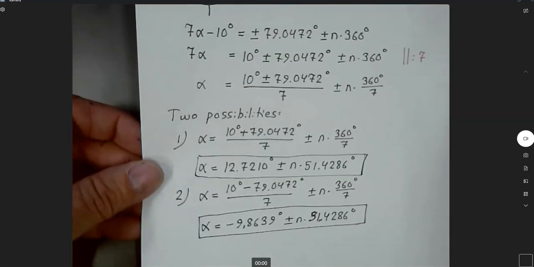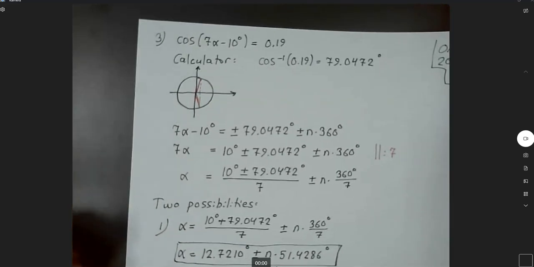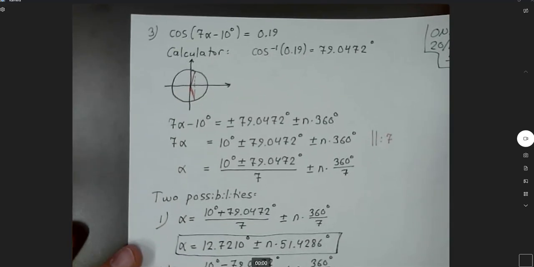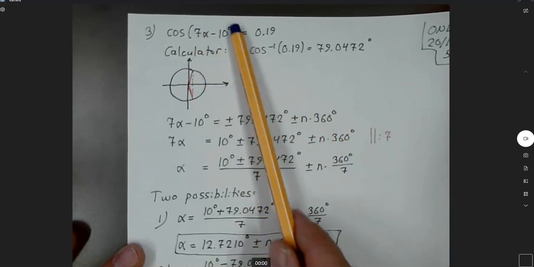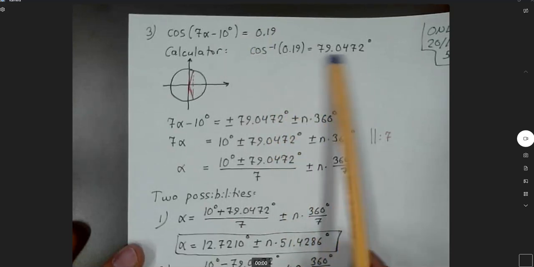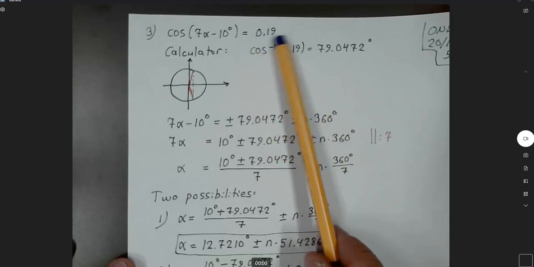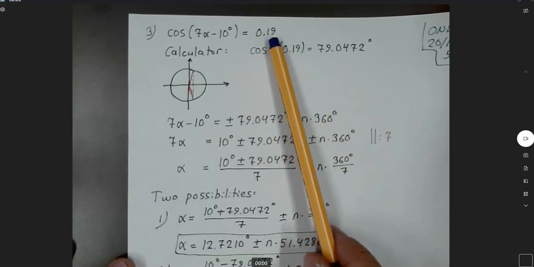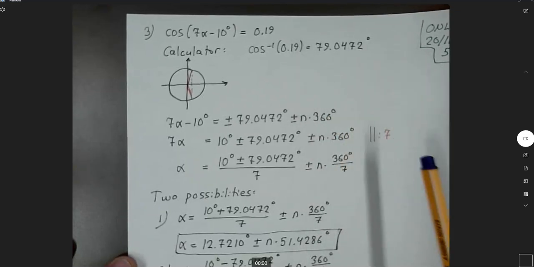It is the longest one here, but here again we first forget that there is some kind of expression inside the cosine. We just check from the calculator what is one angle which gives a cosine value of 0.19, and that is 79 degrees.